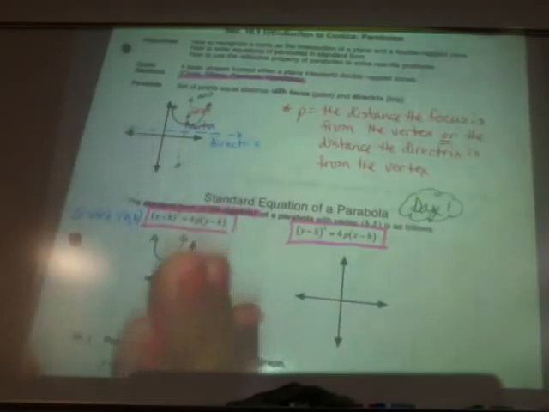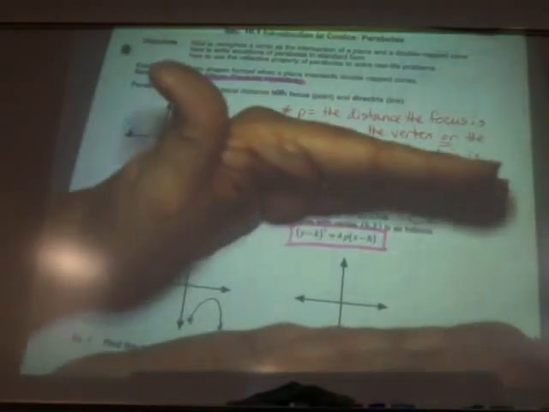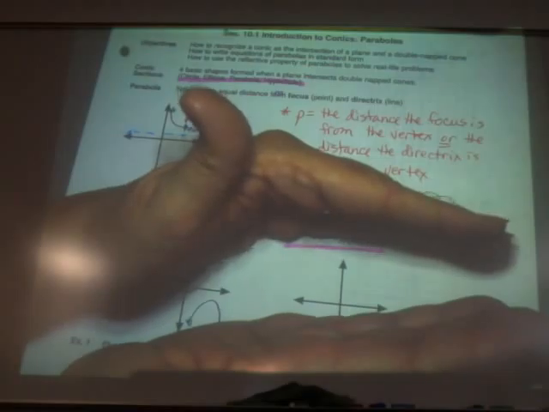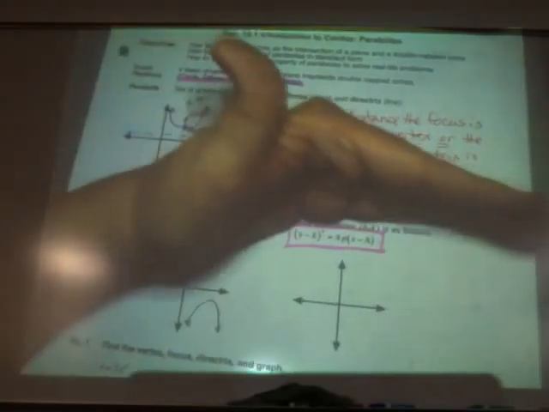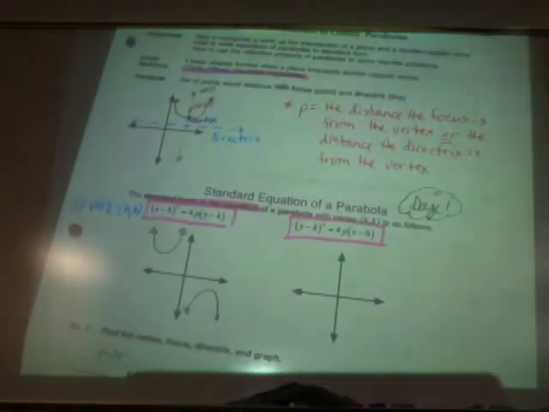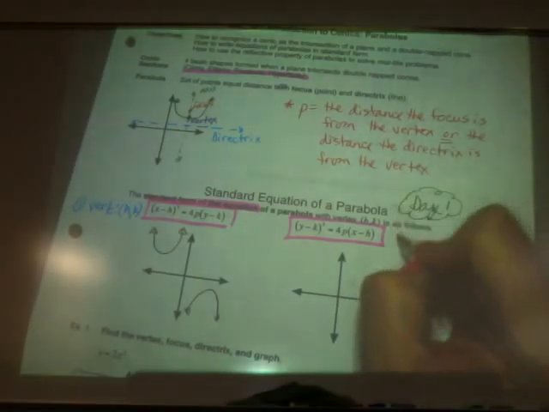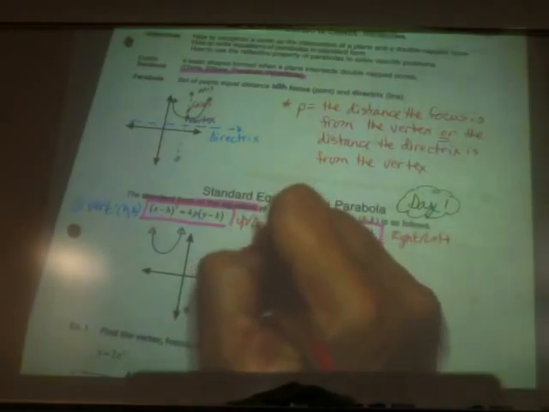Aren't your hands going up and down vertically? Whereas if my y is squared, put your hands on either side of the y-axis, and aren't my hands going right or left? So that's how you can tell whether it opens up, down, right, left. Does that make sense? So over here, you might want to put this is right or left, and this is up or down.